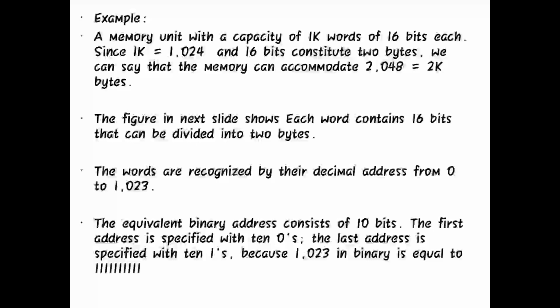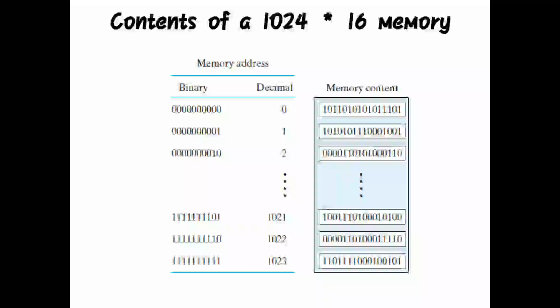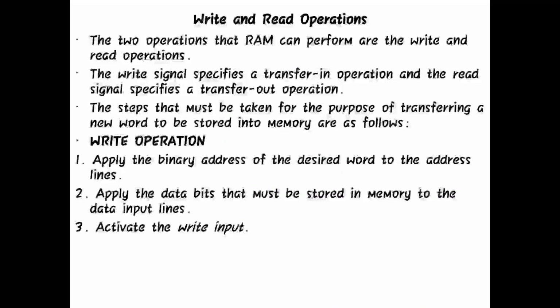The words are recognized by their decimal numbers 0 to 1023. So the equivalent binary address consists of 10 bits. The first address is specified with 10 zeros. The last address is specified with 10 ones, because if we put 10 ones, I'll be getting 1023. So this is about 1024 into 16 memory.